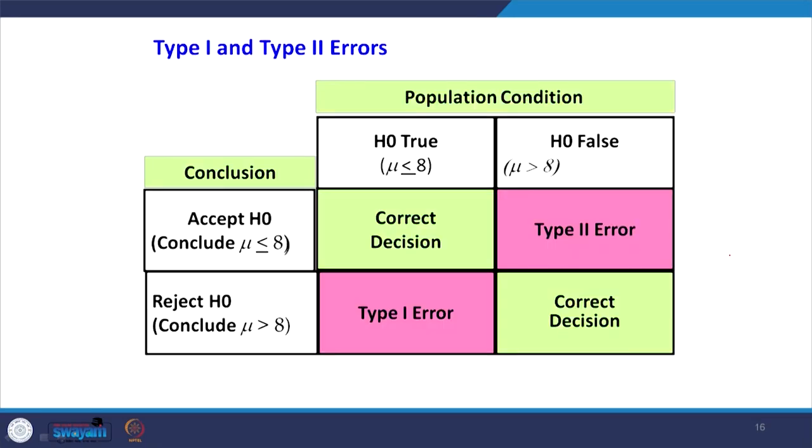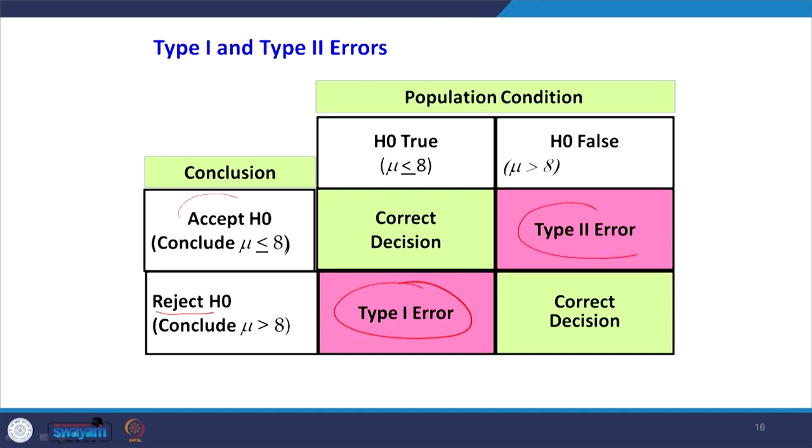See the context: the population condition is H naught is true, and in the conclusion you reject H naught. That is called your type 1 error, that is, incorrect rejection. In the other case, H naught is false, but you have accepted it.